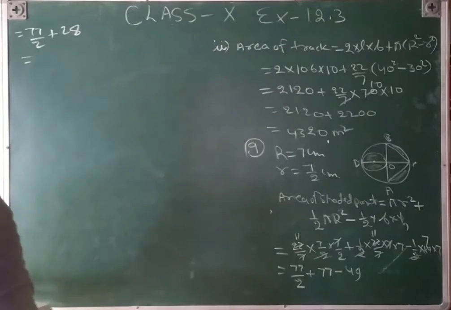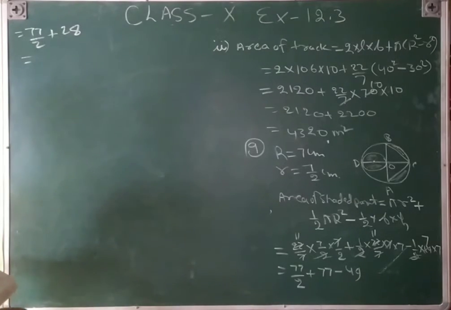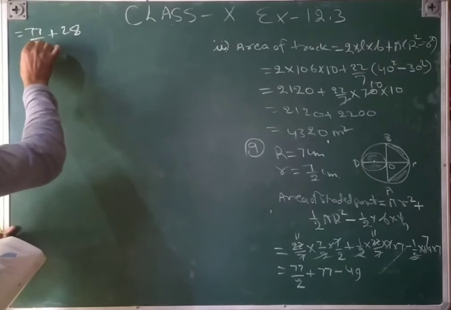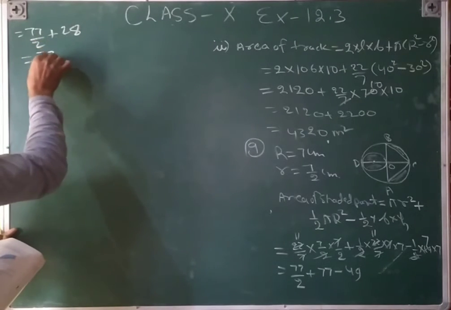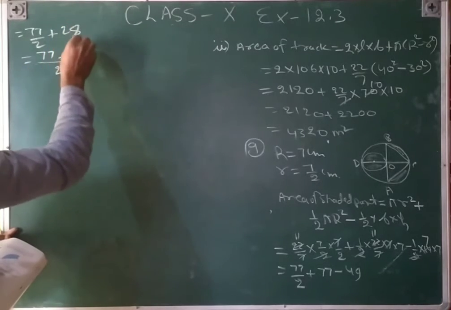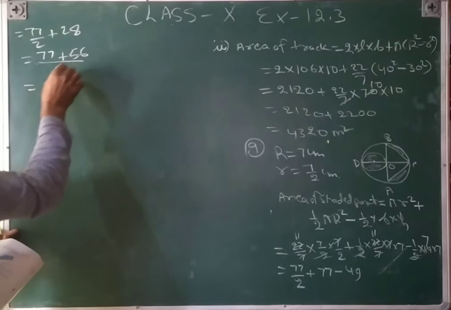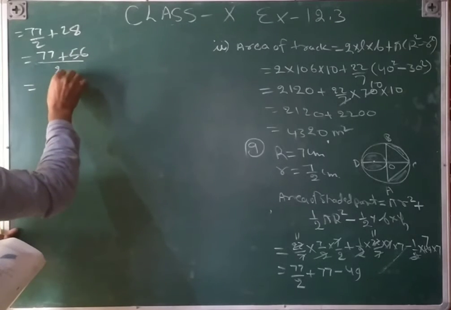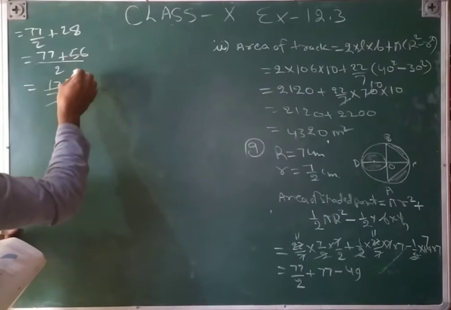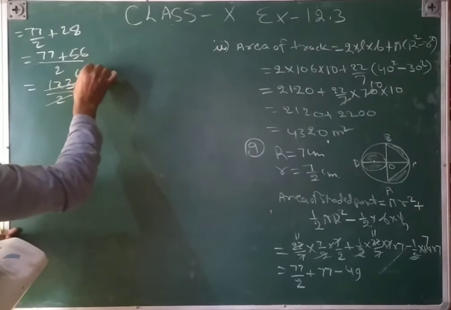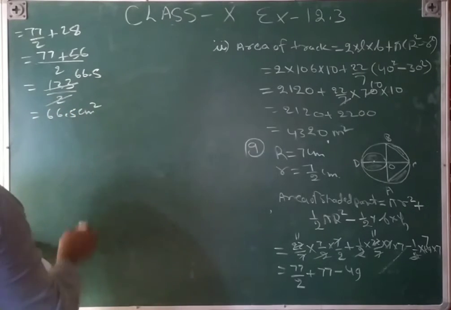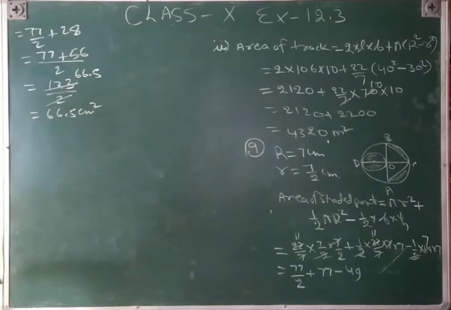Now the addition of both, by the LCM you can see here, 77 upon 2 plus 28, 2 times 28 is 56. So 77 plus 56 is 133, and 133 upon 2. In decimal you can write 66.5 centimeter square.